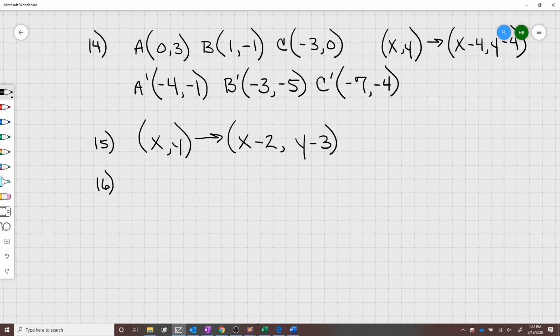Number 16, the vertices of the rectangle RSTU. After translation, R is at 0, 3, 1. So look, you've got R. It starts off at negative 5, negative 5.